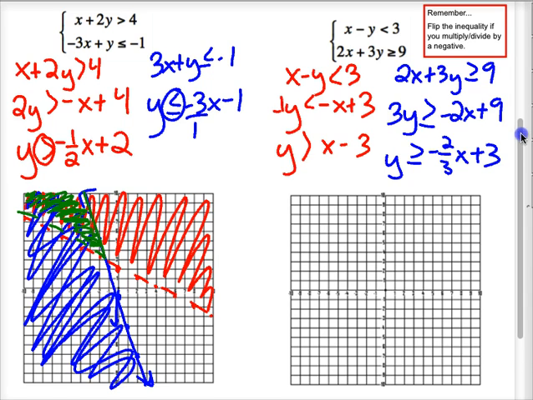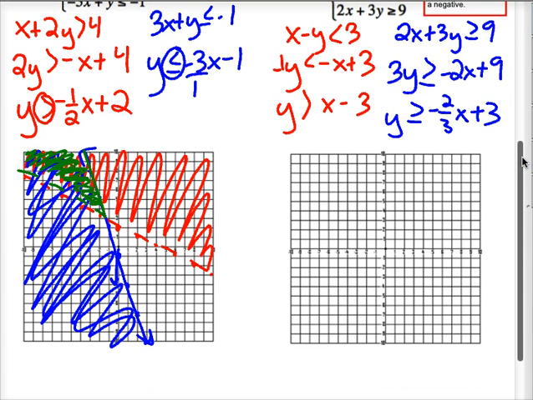So for my red line, I start with the y-intercept down at negative 3, slope of 1, so up 1 over 1. And then I need to look at my inequality sign. Strictly greater than. Well, the strictly part means we're getting a dashed line. Greater than means I'm shading above my line.